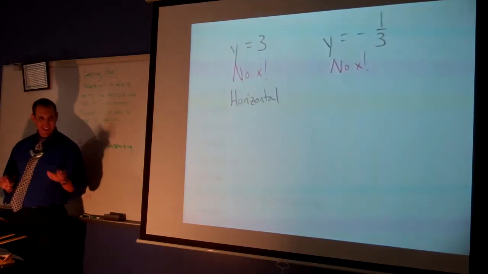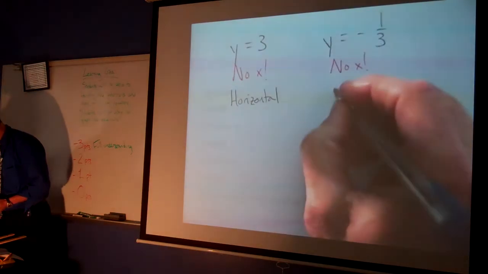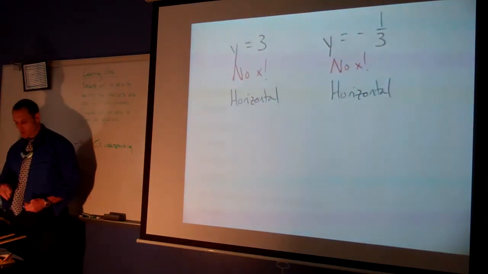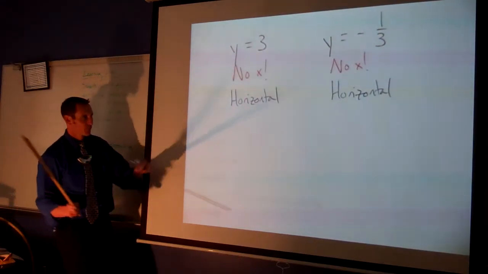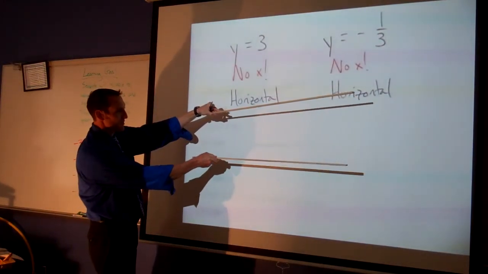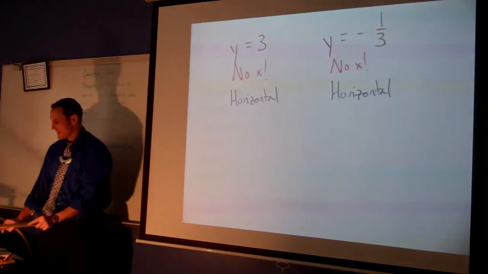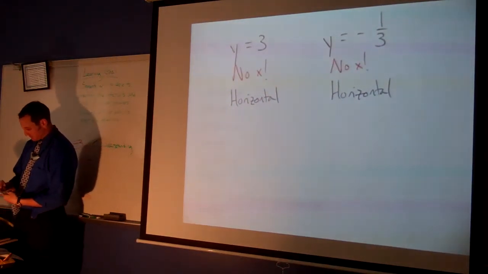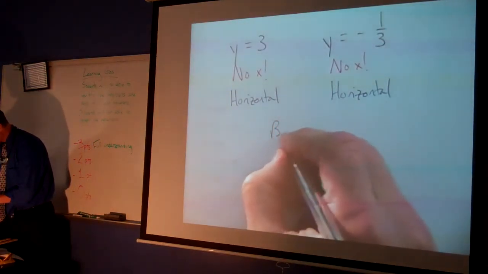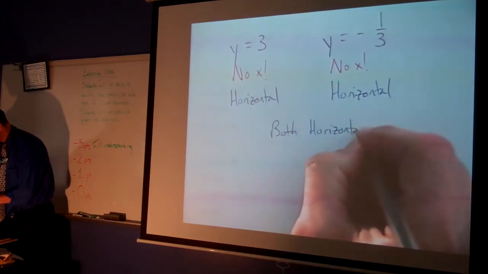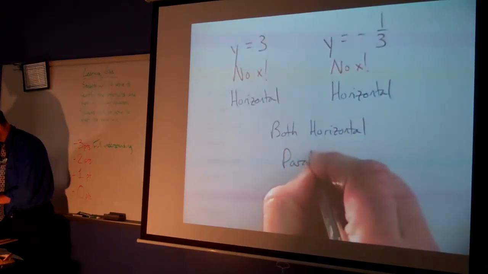And if there's no x-intercept, meaning this equation is also horizontal. So these are two horizontal lines. Horizontal line, horizontal line. They are parallel. That is indeed the definition of parallel. So these are both horizontal. They are parallel lines.